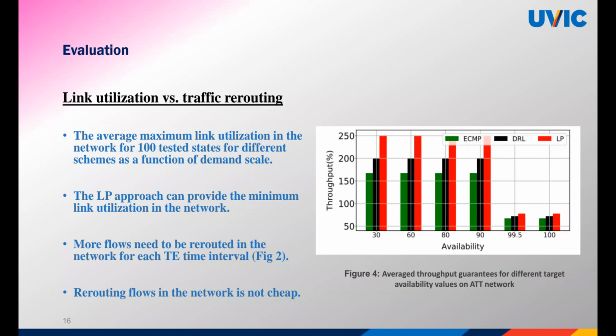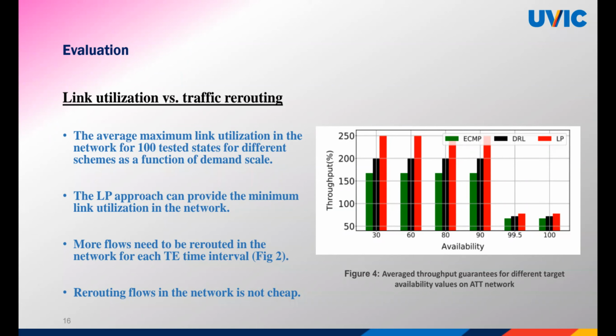As you can see in this figure, while the throughput of the network using the linear programming approach is higher, our scheme provides this level of throughput by only rerouting 20% of all flows in the network. Again, I need to mention that the linear programming approach only wants to minimize the link utilization, and it doesn't consider the traffic rerouting cost.